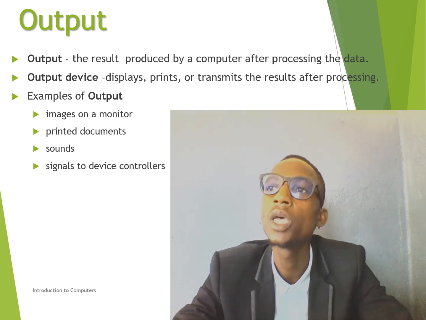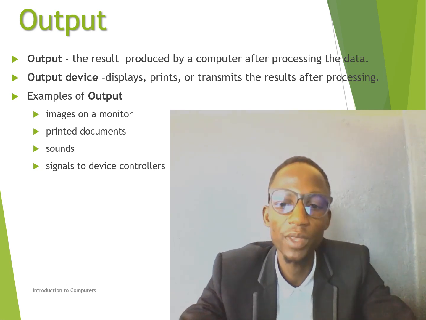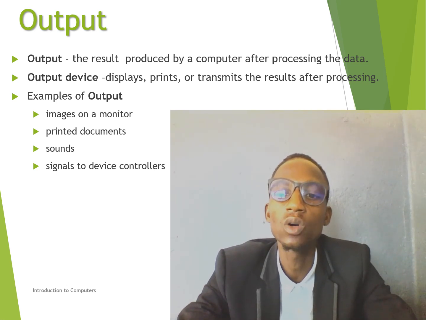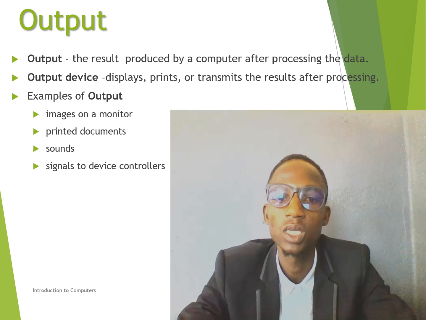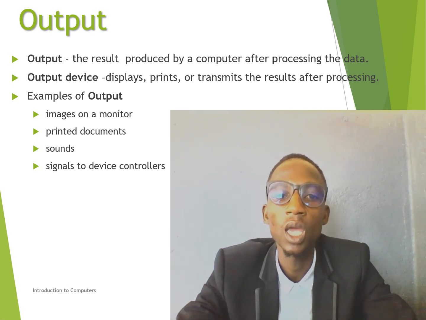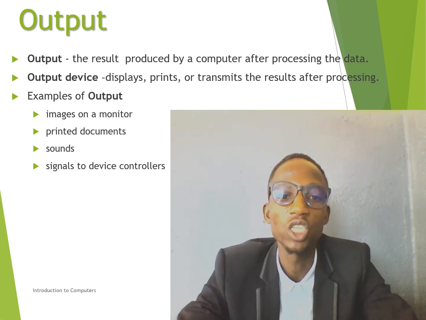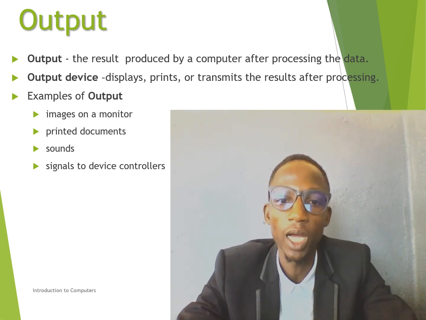For example, a monitor: you are feeding something on the computer into the CPU for processing, and it's being displayed on the screen, which is an output. So these are devices which display information that is being processed, or that display outputting information.